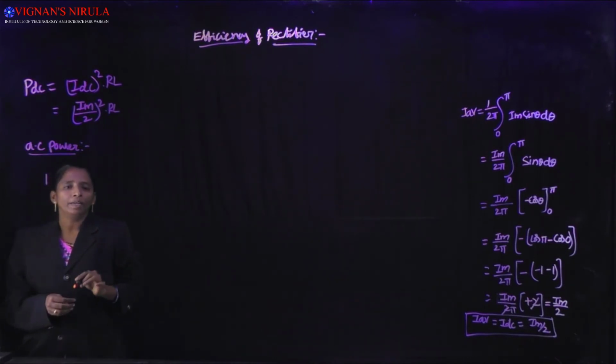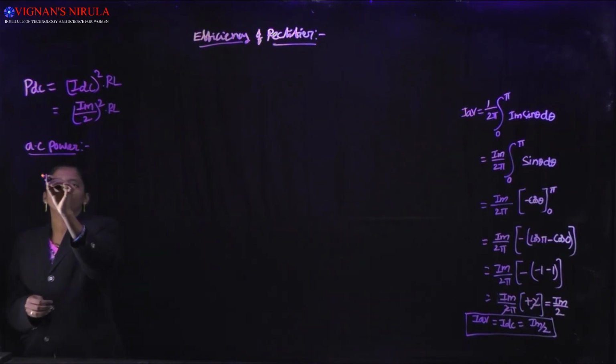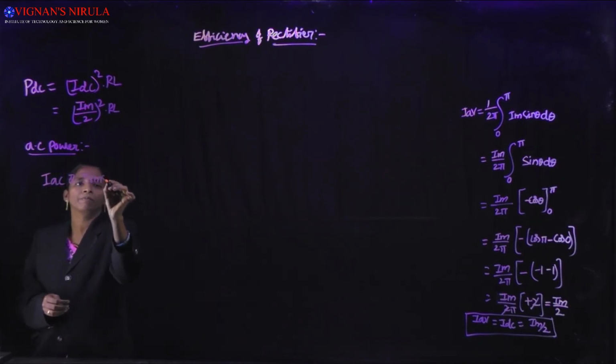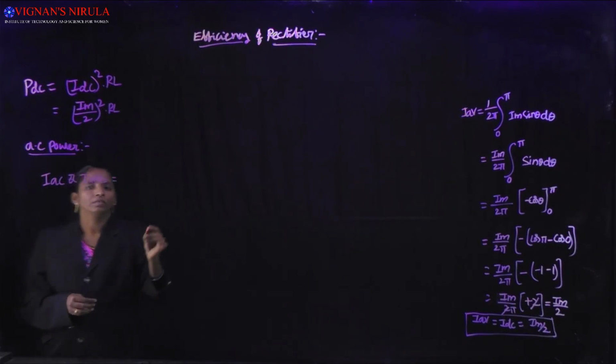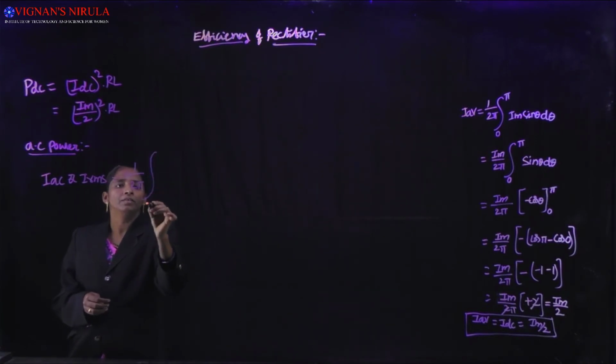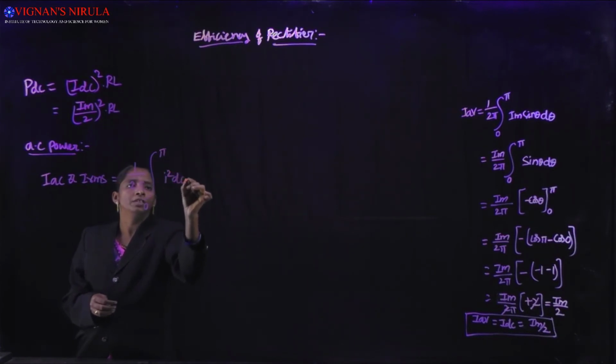To calculate PAC, we have to calculate the AC current, that is IAC or IRMS equal to square root of 1 by 2 pi integral 0 to pi I square d theta.